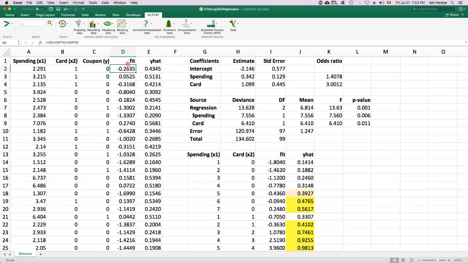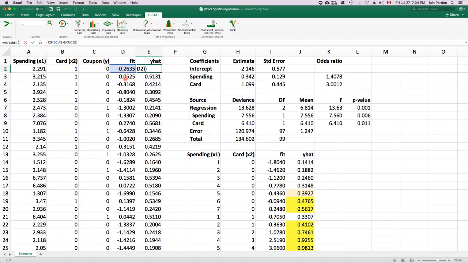What we have to do to these numbers is transform them so that they become meaningful in the context of the logistic regression model. And the way that we do that is to apply this transformation here. We exponentiate the number, so that's what exp of d2 means.